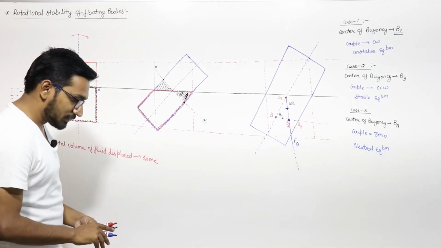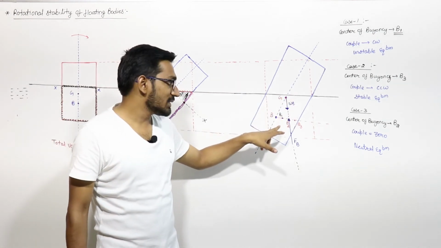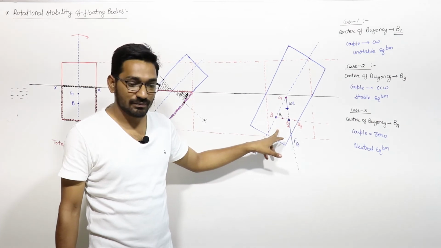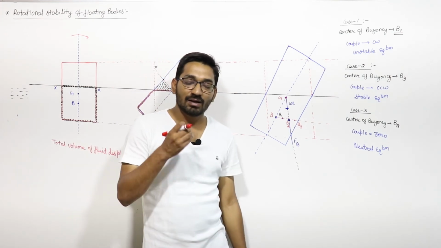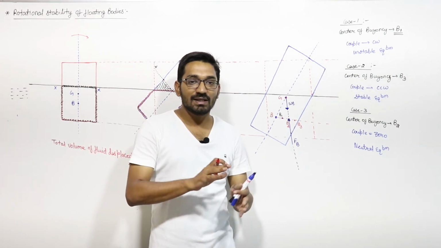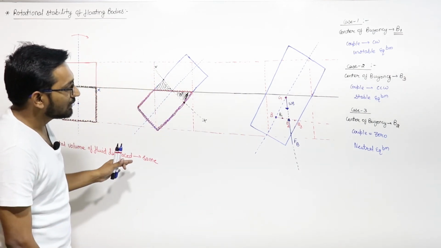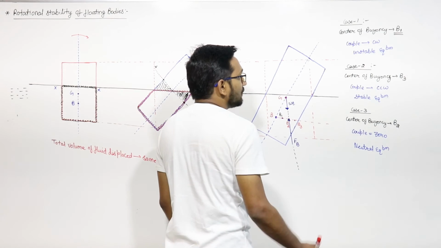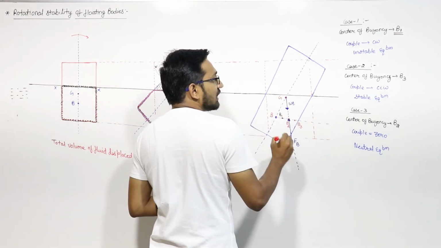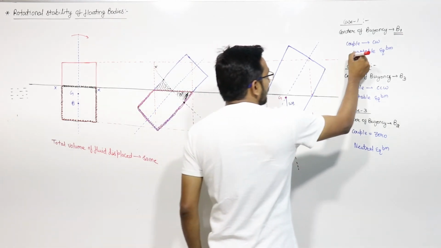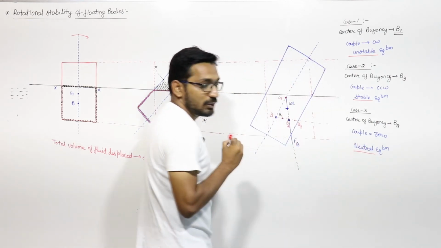Now what happens is, the center of gravity is above the center of buoyancy. If it is a completely submerged body, we can easily say that it is an unstable equilibrium. But if we talk about partially submerged bodies, then if the center of gravity is above the center of buoyancy, we can have unstable, stable, or neutral equilibrium.